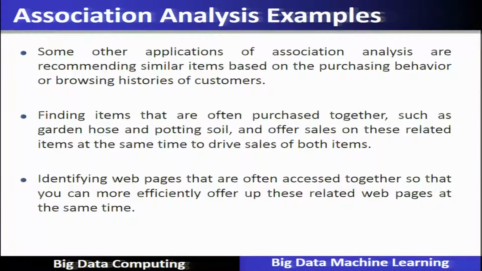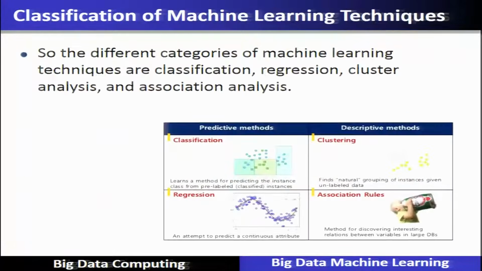Other examples of association analysis are recommending similar items based on the purchasing behavior or browsing histories of customers, finding items that are often purchased together, and identifying web pages that are often accessed together, so that you can more efficiently offer these web pages at the same time.